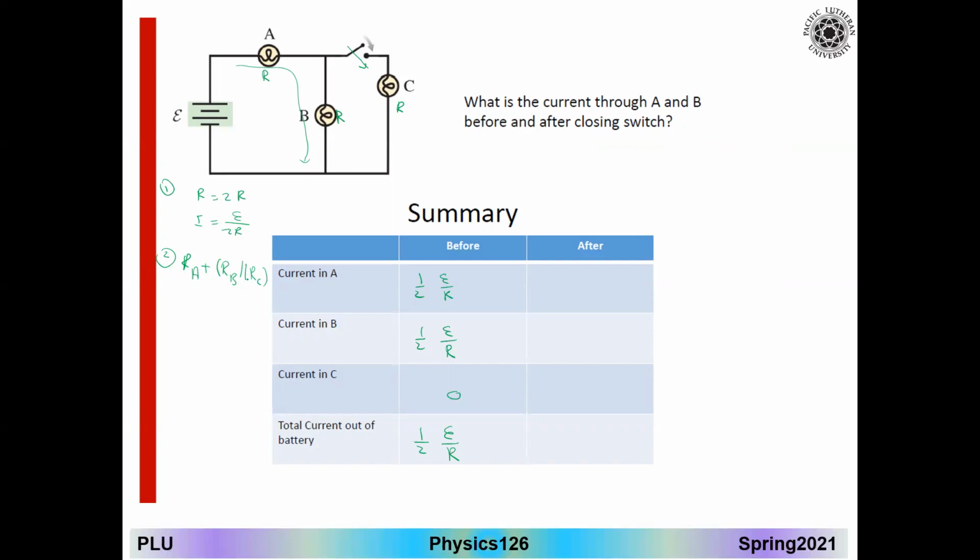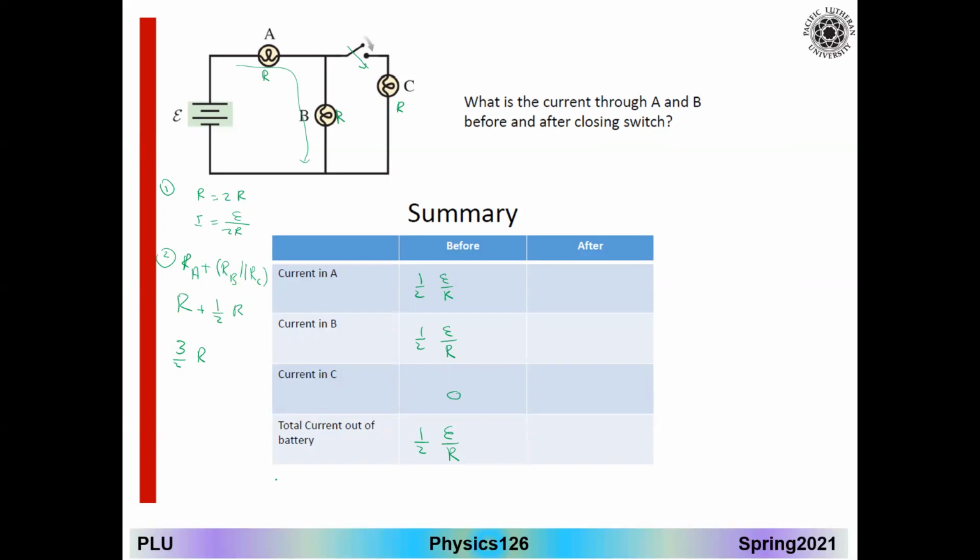Again, RA and RB are equal to R. So you end up with R plus half R, because they are equal resistors. When equal resistors are connected in parallel, the equivalent resistance is half of the resistance. So I end up here with 3/2 R.